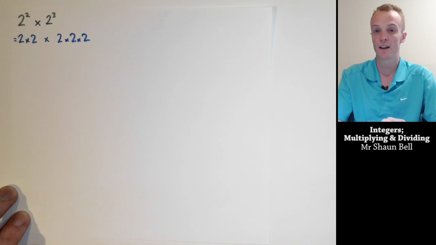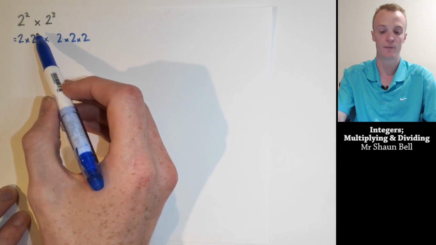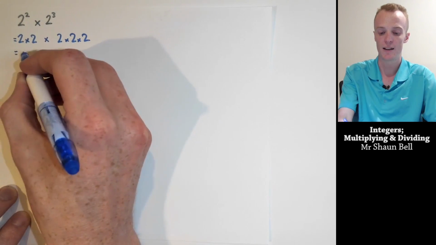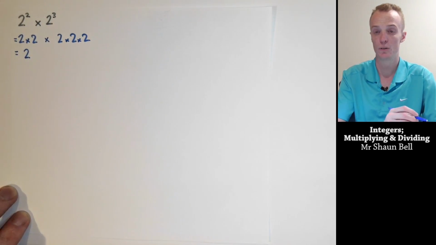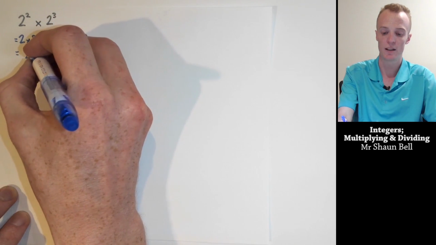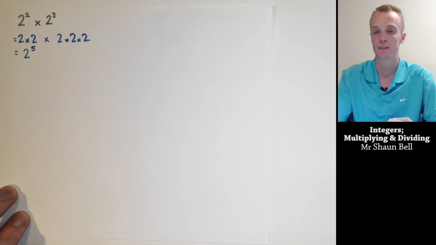Now when you write this down in extended form, you immediately notice that we can simplify this further than what was written above. We can write this as our base of 2 and then count how often it multiplies together, which is a total of 5 times.